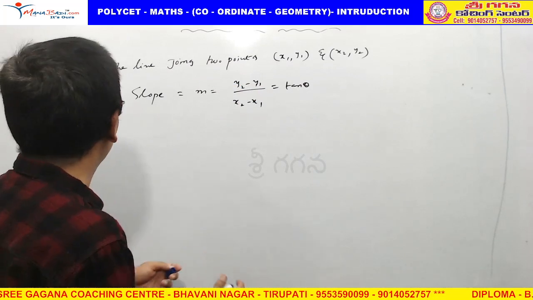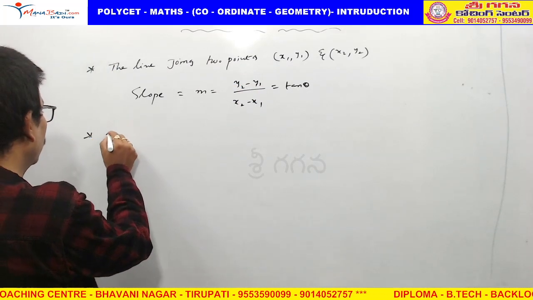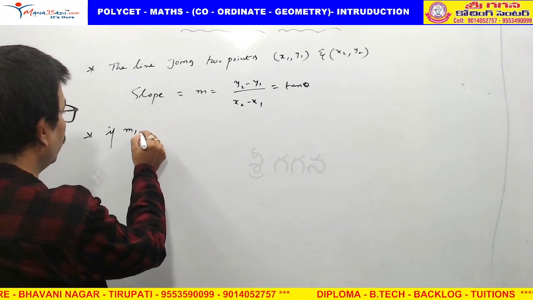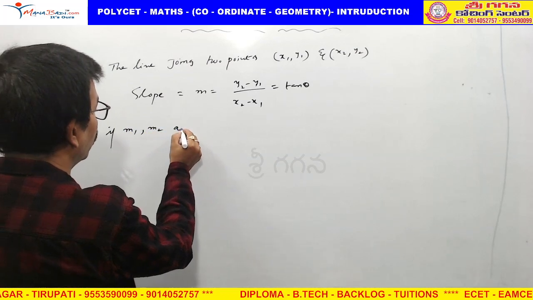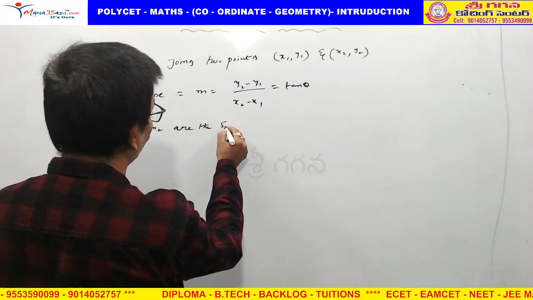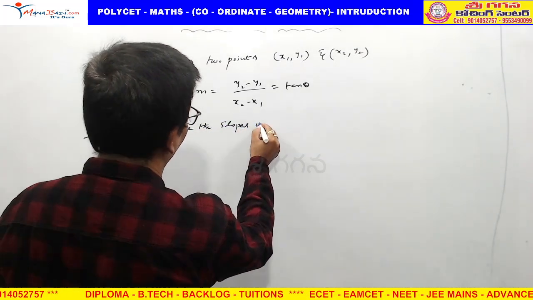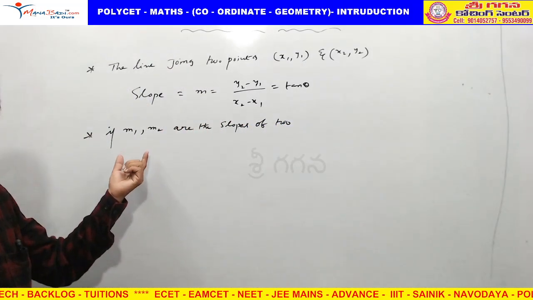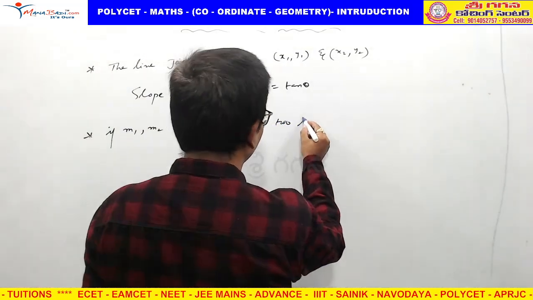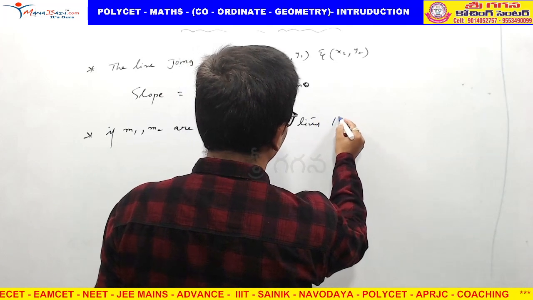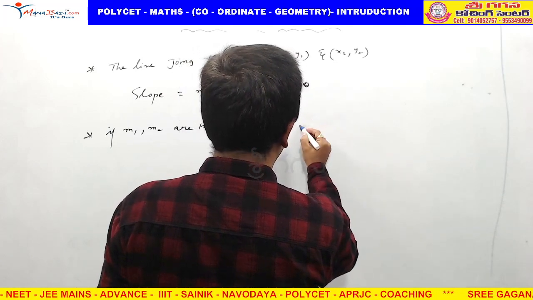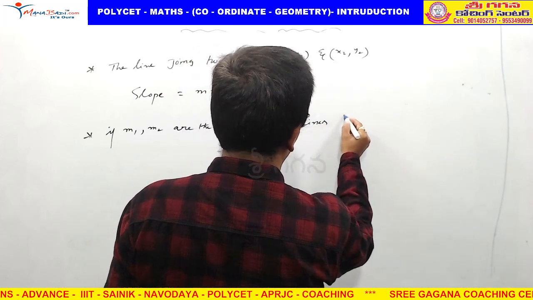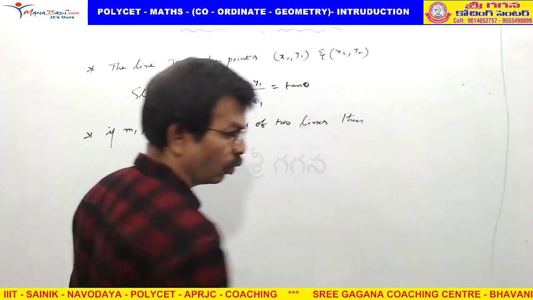Okay. If you know two slopes, if m1 comma m2 are the slopes of two lines, because I am taking two slopes here, that's why two lines, then two conditions will come.